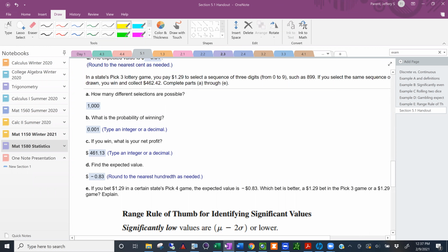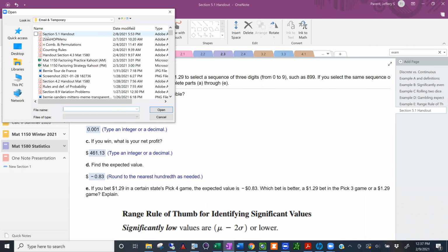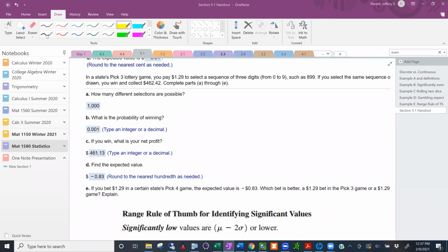That is a handout for today. I've got to make sure I send it to everybody, not just one student. So there's a handout for today.